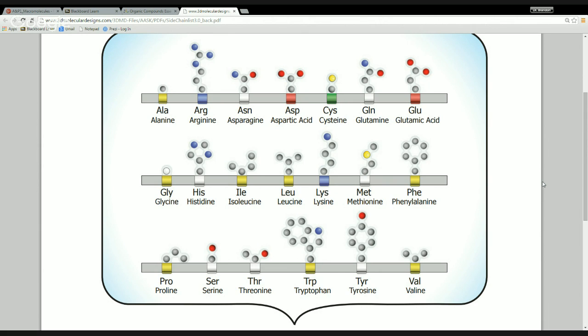Aside from hydrogen bonds, they'll also bond to hydrogen ions. And when a hydrogen ion is attracted to a nitrogen, it gives that nitrogen and the compound that it belongs to a positive charge. So basic is blue for the fact that nitrogen is involved and they have a positive charge.